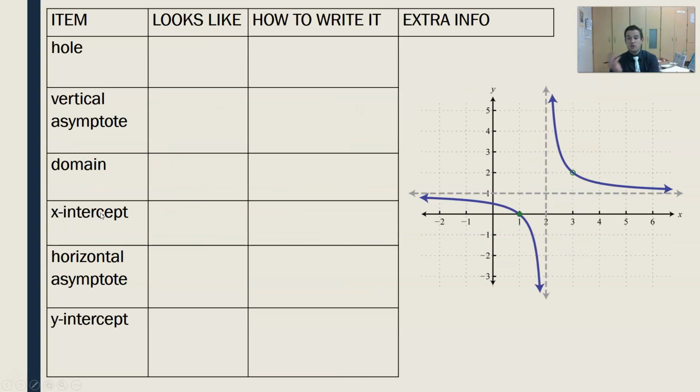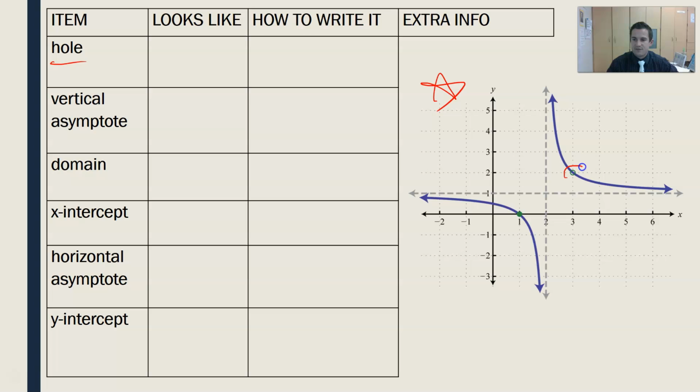On your guided notes you have this graph right here. I'm going to use this graph of a rational function to help you visualize each of these different characteristics. A hole on the graph looks like this.